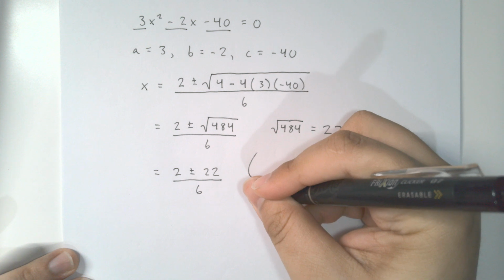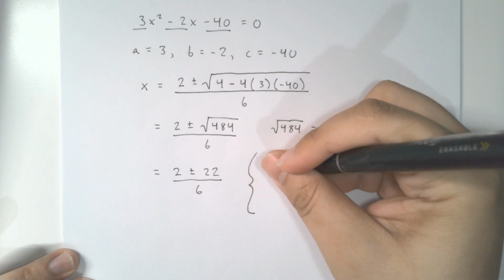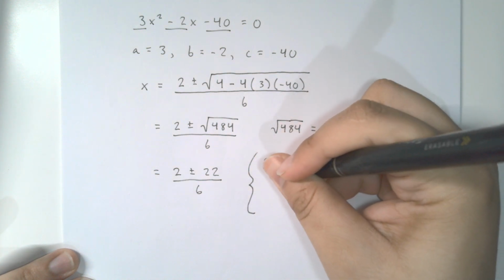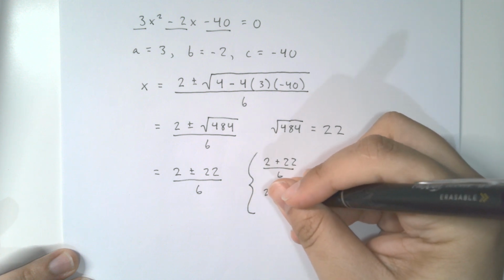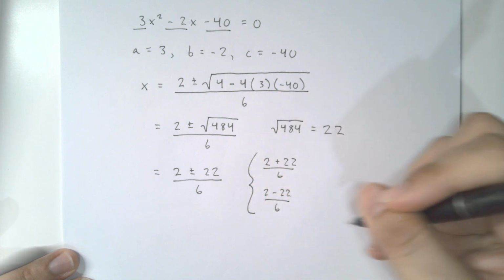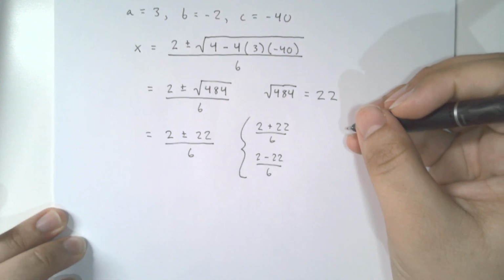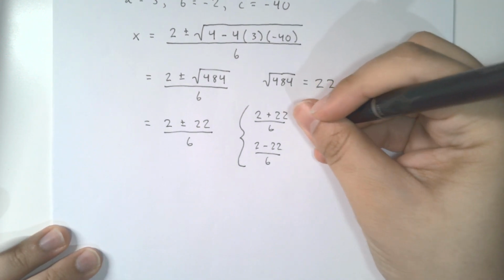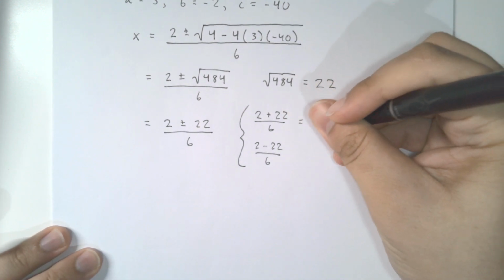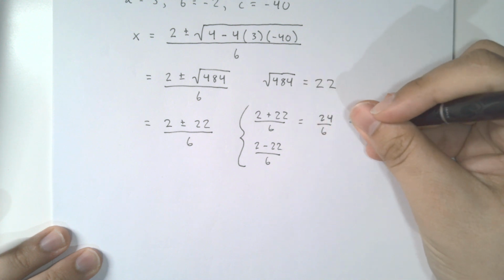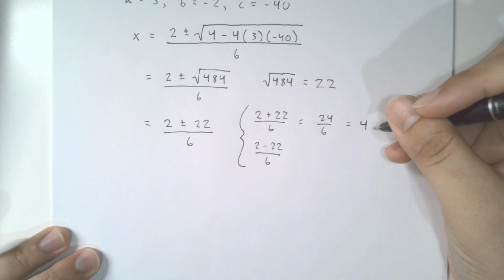Of course, this means that we have two solutions here. We have 2 plus 22 over 6, and we have 2 minus 22 over 6. Evaluating these, this is 24 divided by 6, which is equal to 4.